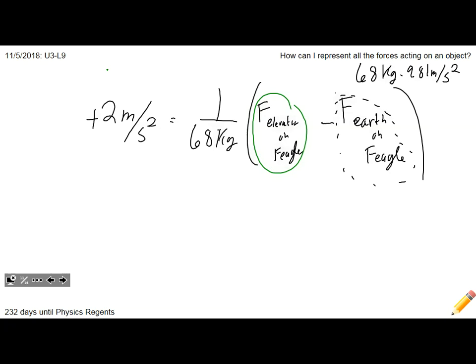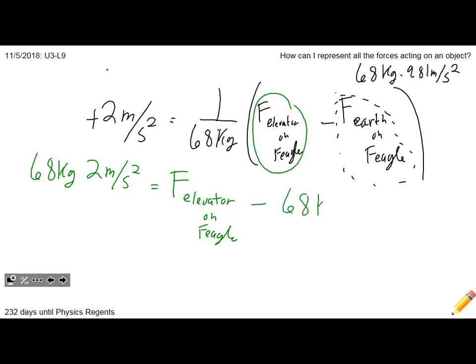So I would have 68 kilograms times 2 meters per second squared equals F of the elevator on Fiegel minus 68 kilograms times 9.81 meters per second squared.